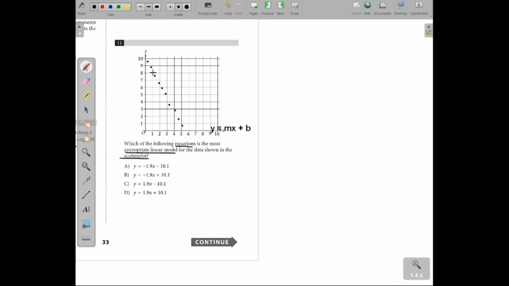Right now we can see that the value decreases, let's say, when x is equal to 1, right here. Our value of y is less than 9 here.